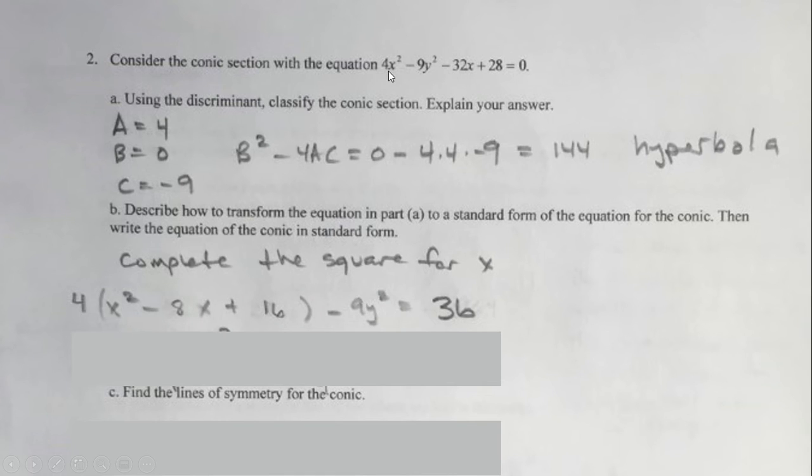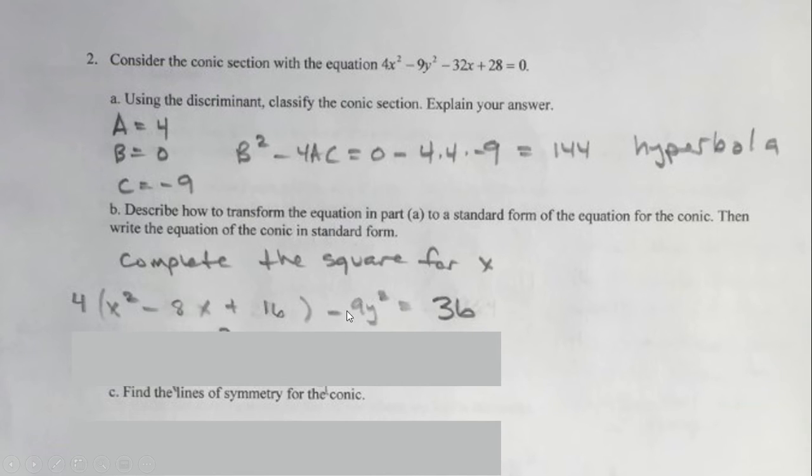I'm going to gather my x terms together. So 4x squared minus 32x, and I'm going to factor out a 4, so that leaves me with an x squared minus 8x. Now to complete the square, I take half of negative 8, which is negative 4, and I square it, which becomes positive 16.